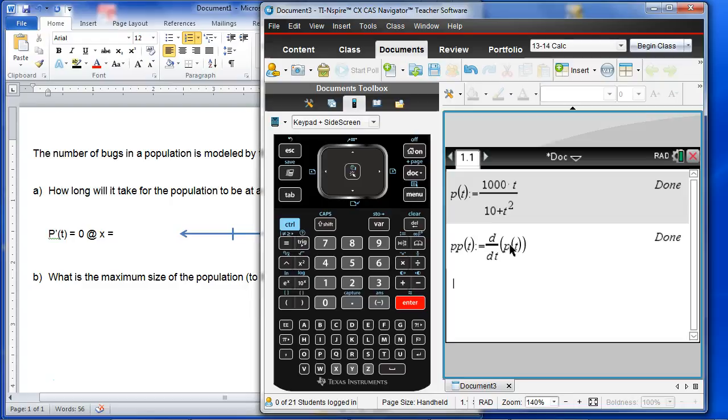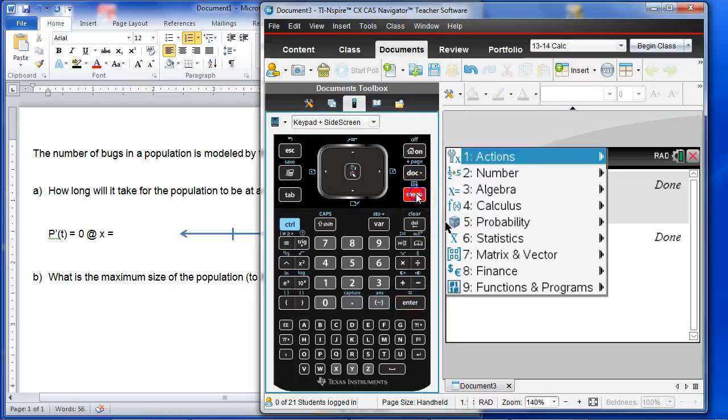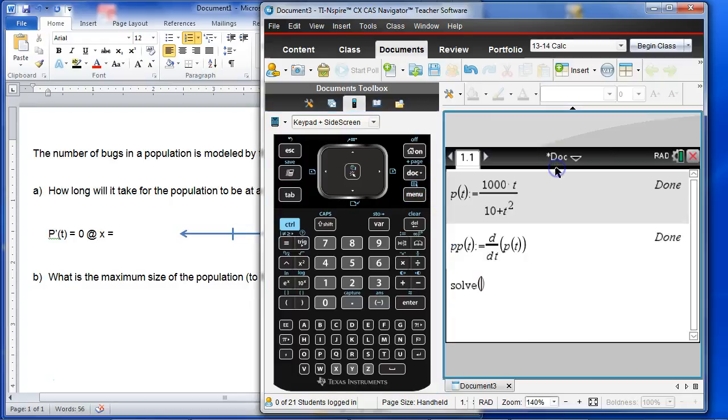In order to find out where the first derivative equals 0, I'm going to have my calculator solve the problem. I'm going to go to the algebra menu, select solve, and say solve the following equation: P prime of t equals 0, comma, t.